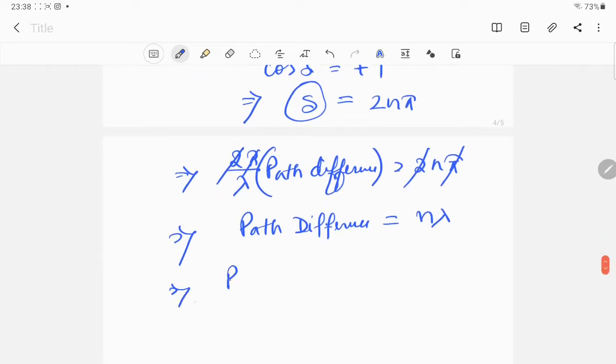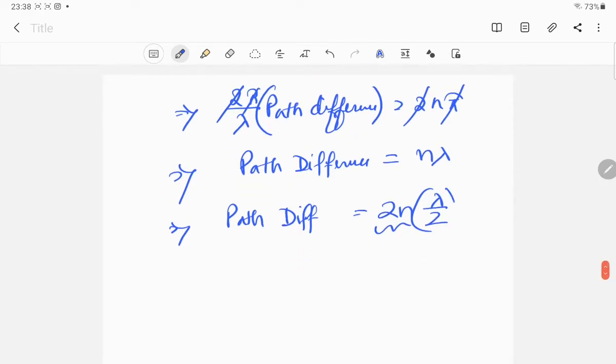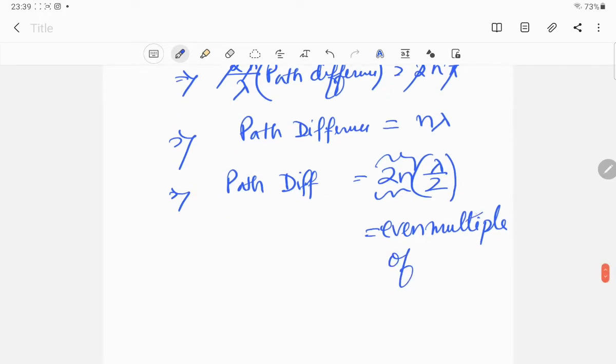Or you can simplify it like this: path difference is equal to twice n into lambda by 2. So this is an even multiple, because anything you multiply by 2 will be an even number. So it is called an even multiple of lambda by 2.